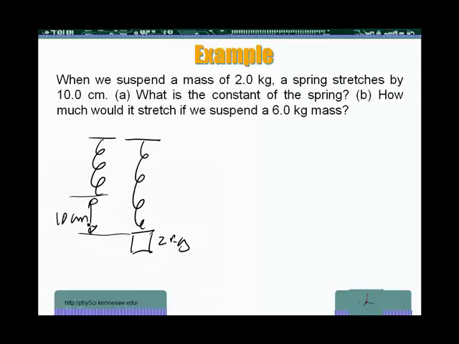Now the key here, the force that we have exerted to stretch it is equal to the gravitational pull of the mass. So actually on the mass we have two forces, Fg and the spring force.